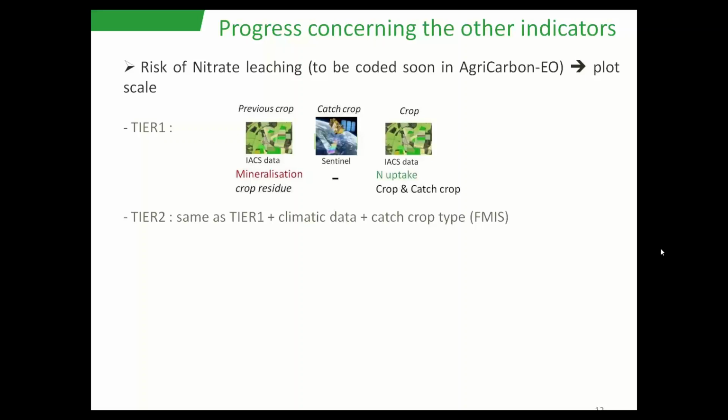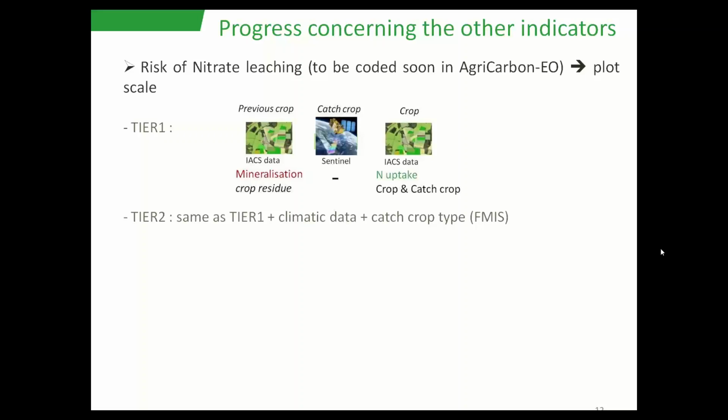And we look at the crop for the following year, based also on the IX data. And we identify with the Sentinel products if there is the presence of a catch crop in between, and from this we can calculate some nitrogen uptake during the cropping year or during the sensitive period for nitrate leaching.